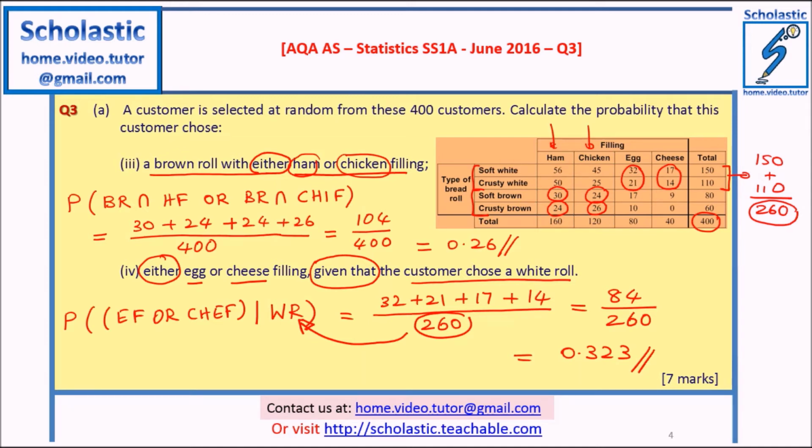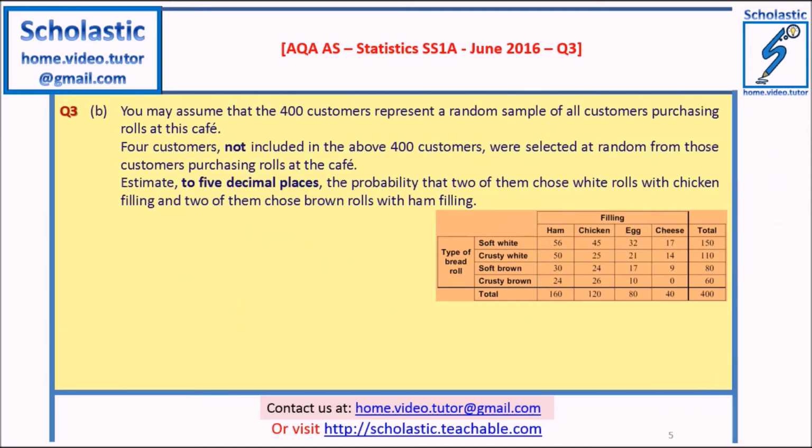Okay, let's go to the last part of the question, part B. You may assume that the 400 customers present a random sample of all customers purchasing rolls at this cafe. 4 customers not included in the above 400 customers were selected at random from those customers purchasing rolls at the cafe.